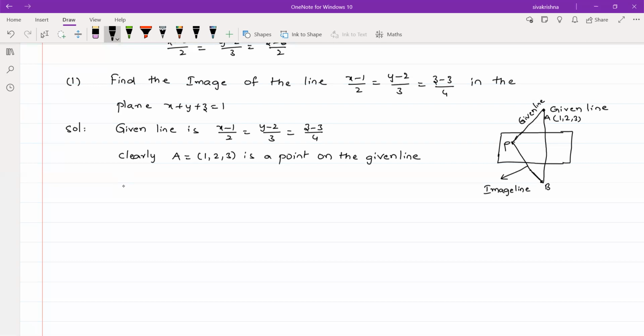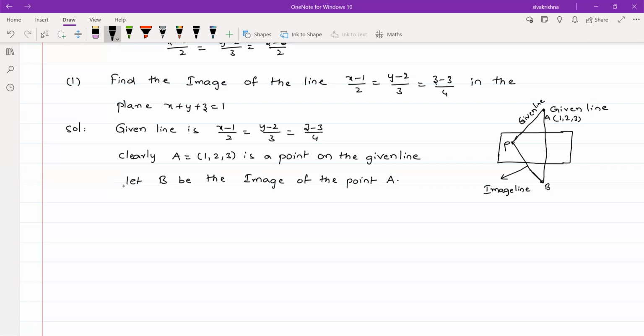After writing the point A, now I am going to find the image of the point A, and that image of the point A is B. Let B be the image of the point A. Now I am going to find the equation of the line AB.